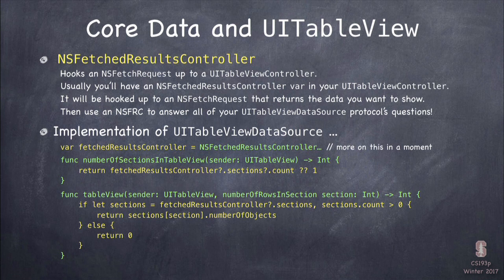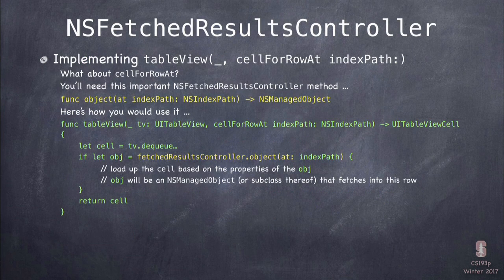And then of course there's cellForRowAt. You've got to implement that. That one too you're going to use fetchedResultsController. The most important thing about cellForRowAt is you need to know what's at that row: which thing in my database is at that row in that section in my table. You get that by asking the fetched results controller with the method object at indexPath.